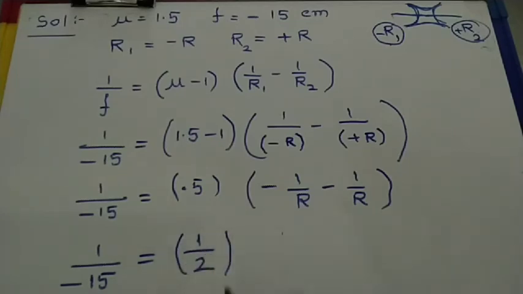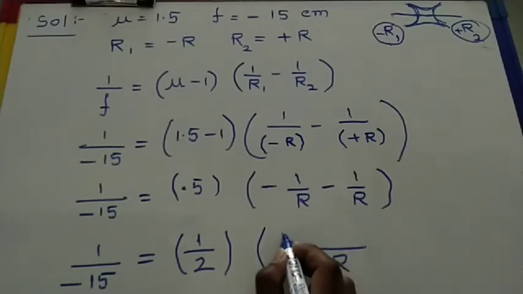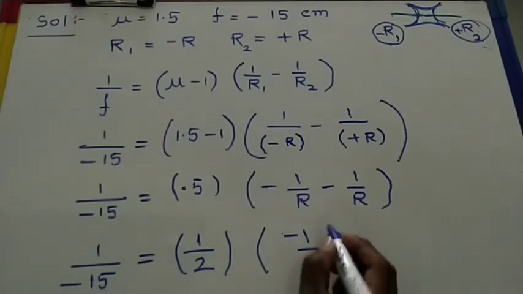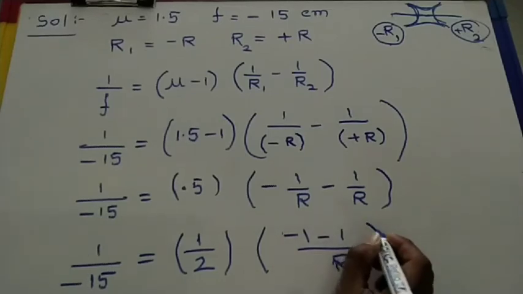I wrote 0.5 as 1 by 2, into, what is the LCM? R. Here, how much? Minus 1 minus 1.